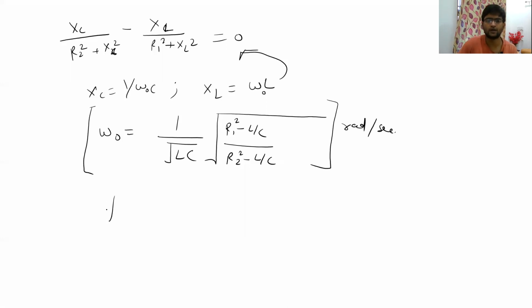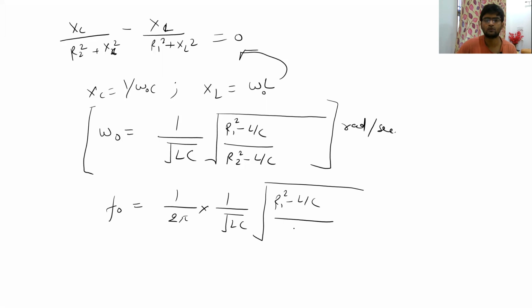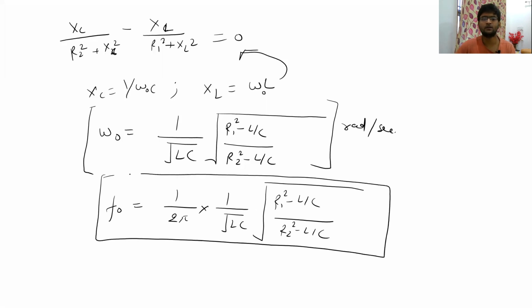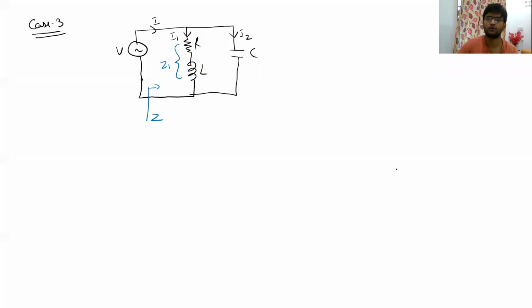So if you want to write it in terms of F naught, you just have to multiply by 1 upon 2 pi. So this equation is very handy. If you learn it, if you see a numerical question like this in a competitive exam, you can directly put the values and find the value of resonant frequency.